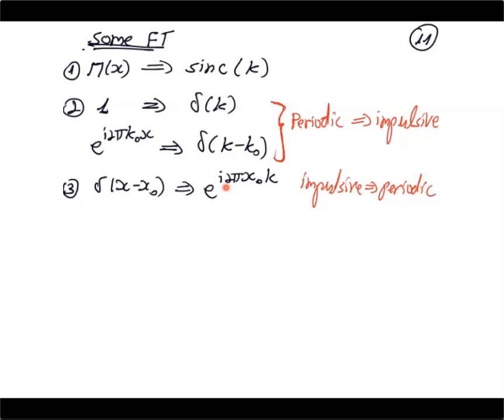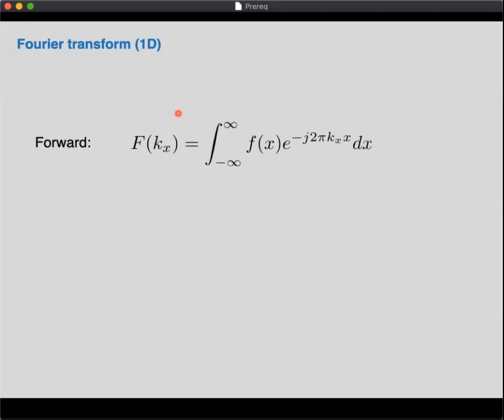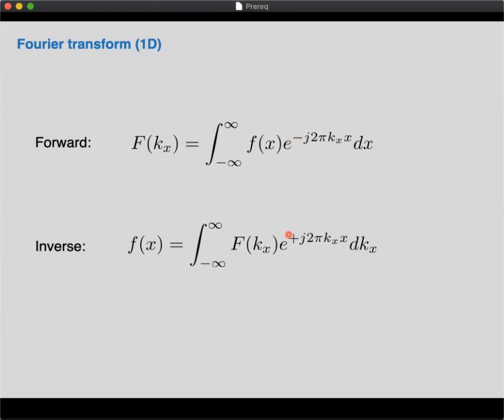I mean, the fact, by the way, that the Fourier transform, stare at this. I mean, it just had a minus over here and a plus over here. That's, by the way, almost completely arbitrary. We could have picked a plus over here and a minus over here and just defined this to be forward and this is backward. Like, who cares? It's exactly the same. Okay, you just need to be consistent.